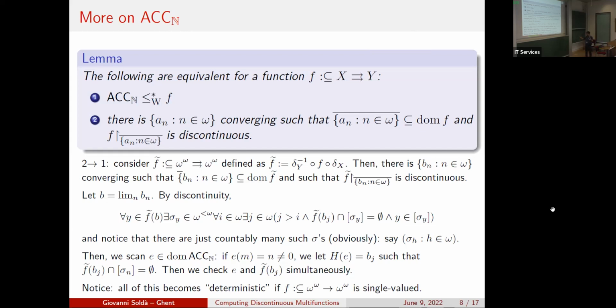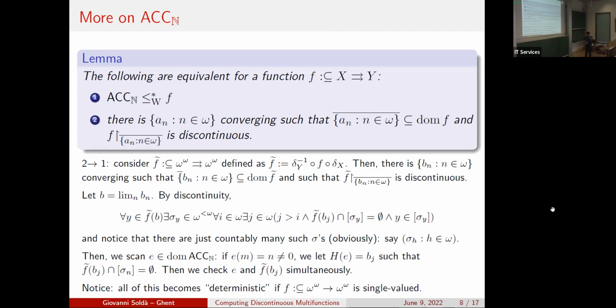If we just have a function, this whole process tells you whether you will hit the limit point, because just by checking the point that is given to you by this f, you will know if that was the limit point or not, because there is just one y, and so one neighborhood that you will miss. And so you will know whether your initial data was essentially the empty enumeration or not.